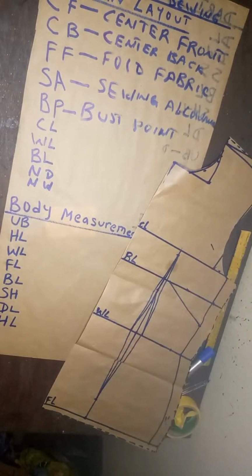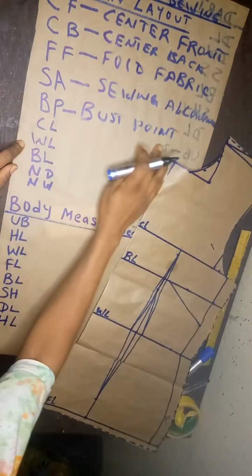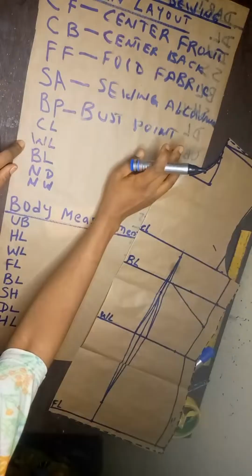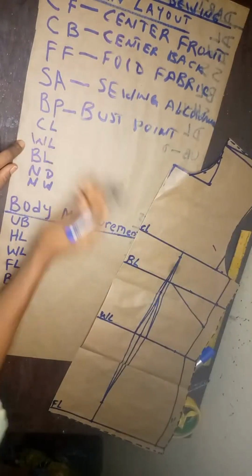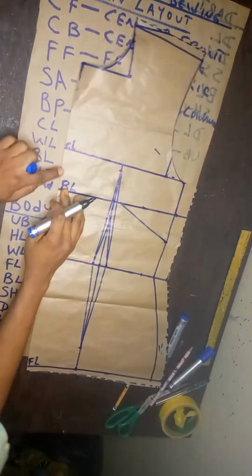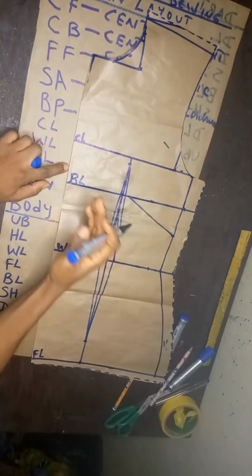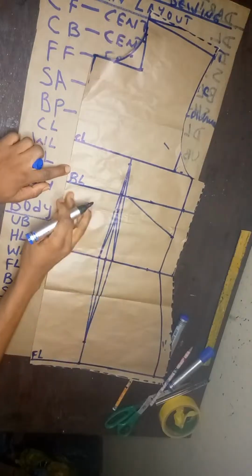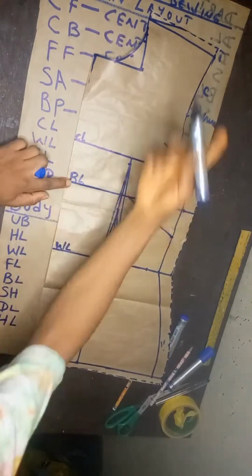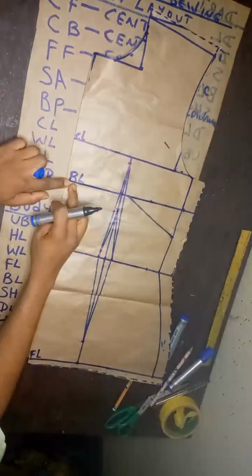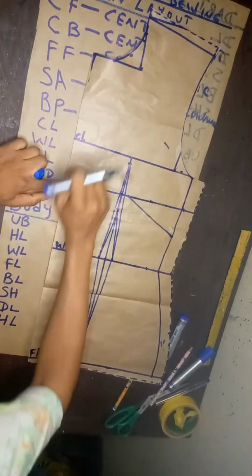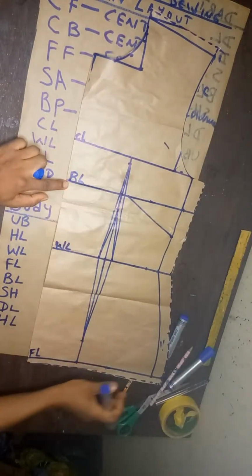Okay, so this BP means bust point, and bust point means, I usually use BL while I'm drafting pattern, that's bust line, but it is mostly referred to as bust point in pattern drafting. That is the distance between the shoulder and the line where the bust measurement will be.